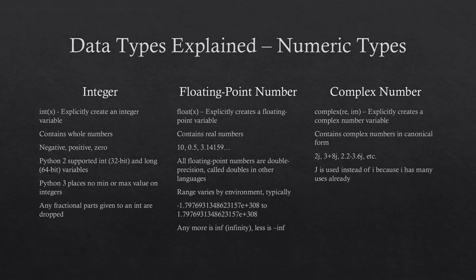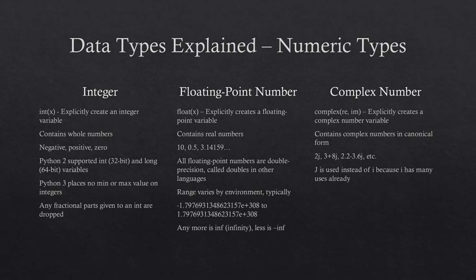So when we create a complex number using its function, that function is complex, with the real value first, a comma, and then the imaginary value after that. And again, this contains a complex number that is of the format, it could be 2j, it could be 3 plus 8j, it could be 2.2 minus 3.6j, that sort of x plus yj format.